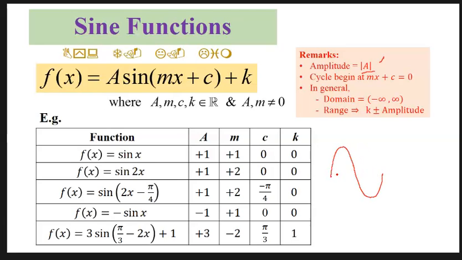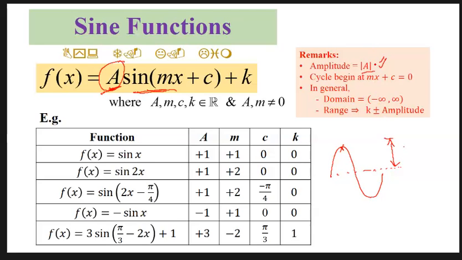The amplitude refers to the height from this peak point until this red dotted line. The length of this amplitude is measured by the coefficient of the sine function.